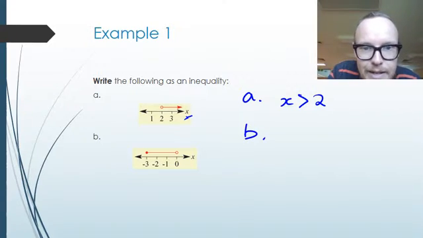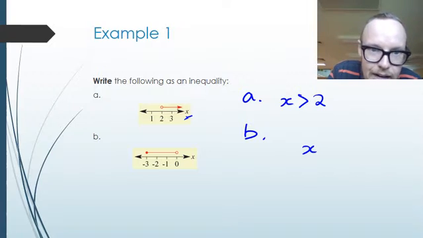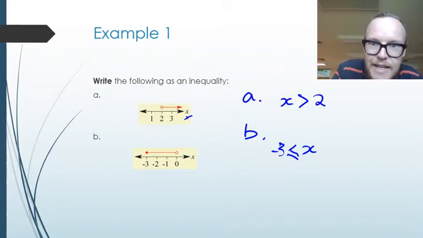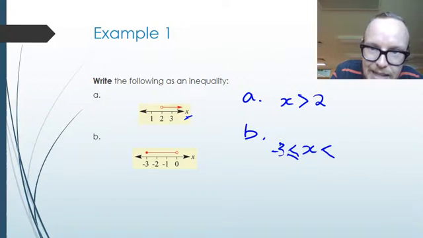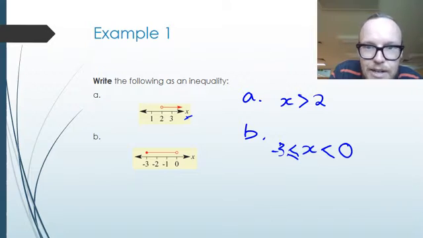For our second one here, our value is x, and at the lower end, x is going to be greater than or equal to -3. Then we can see that x is going to be less than but not equal to 0. So our notation shows that x is in between -3 and 0, but not equal to 0.